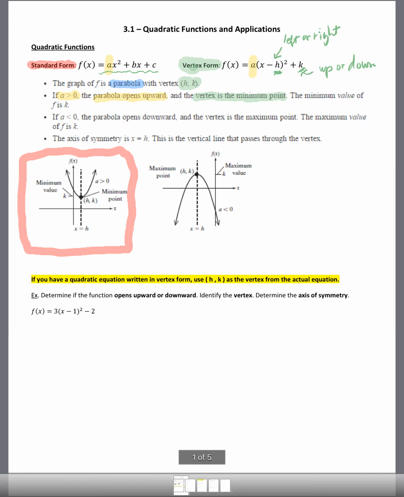You'll also notice that there's a point where the curve changes direction. That is called the vertex. Sometimes you'll have people come in here and they'll put like the letter B right there, so everybody knows that's the vertex. Regardless, the vertex is always going to be the ordered pair h, k.